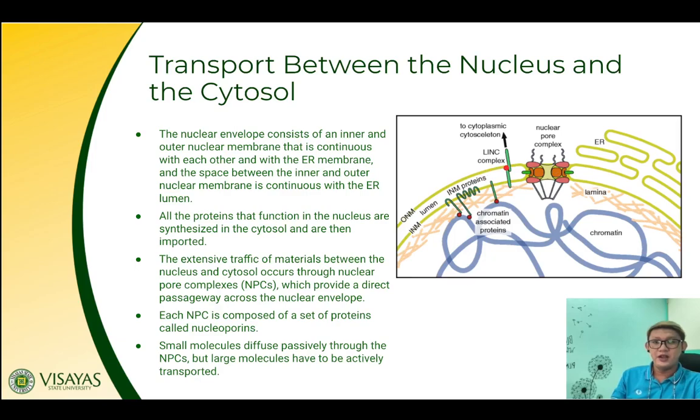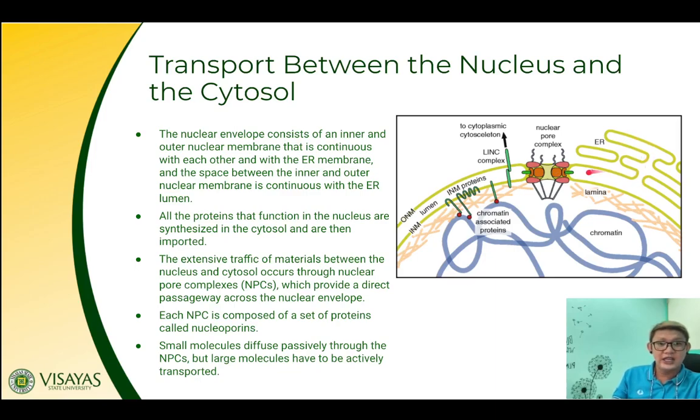So you have here a double membrane: the outer nuclear membrane, ONM, and the inner nuclear membrane. And this is actually continuous with the endoplasmic reticulum. If you notice here, this is the lumen, which is continuous with the lumen of the ER.